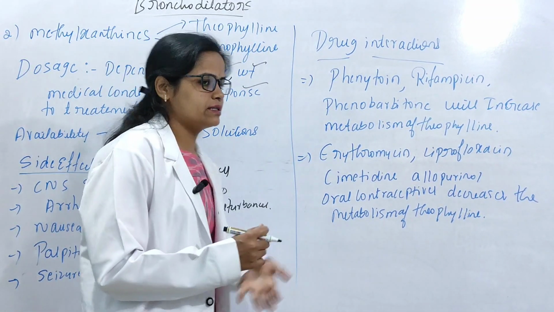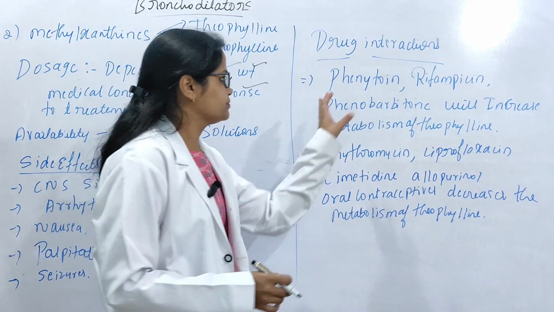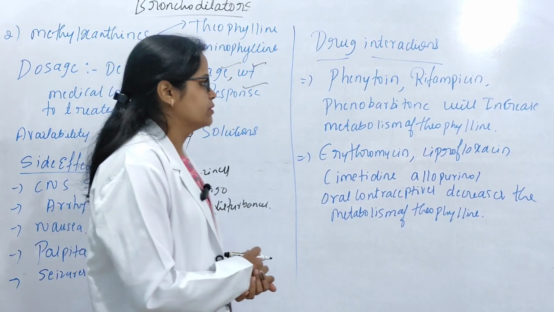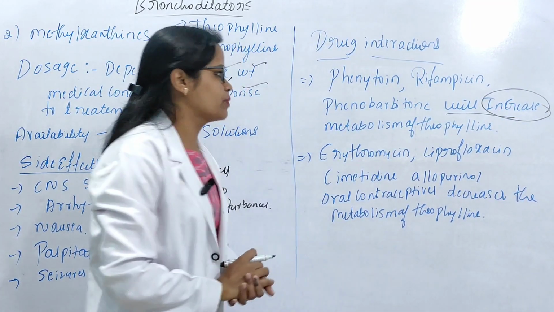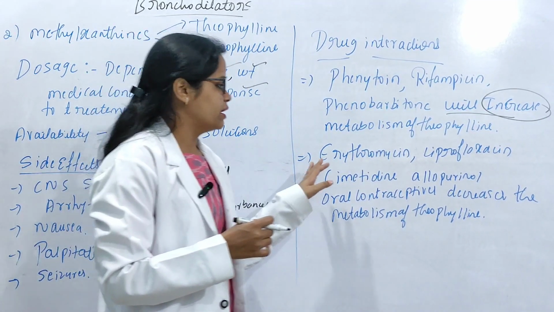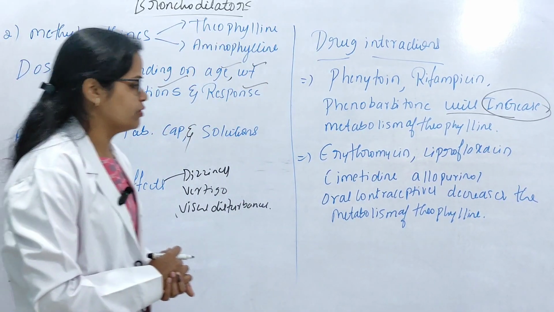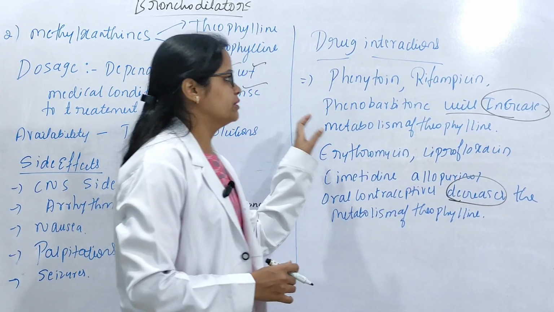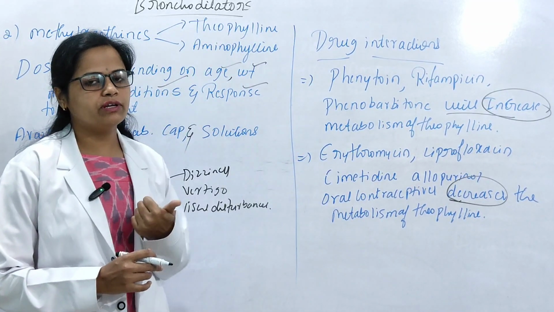Next we'll see drug interactions. Drug interaction is when these drugs act with another drug. Phenytoin, rifampicin, and phenobarbital will increase the metabolism of theophylline. And erythromycin, ciprofloxacin, cimetidine, allopurinol, and oral contraceptives decrease the metabolism of theophylline. So when giving phenytoin, rifampicin, or phenobarbital, we can administer the methylxanthines, theophylline and aminophylline.